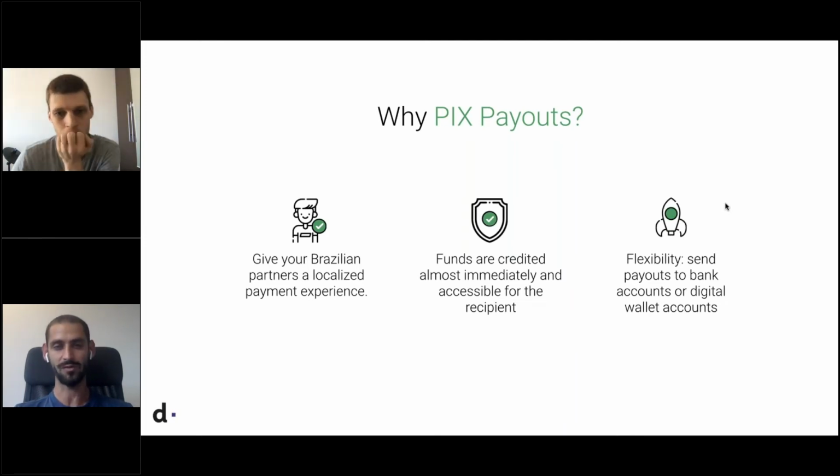Of course, there are a few seconds for confirmation, and then the customer will be able to access those funds and use them however they want. They can use them again in another PIX payment, or they can take them from the bank or wallet and use them in any other flexible situation. And of course, you can start sending not only to banks, but also to digital wallet accounts that are connected to this PIX system.